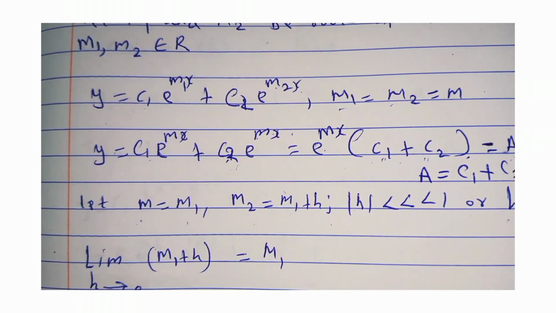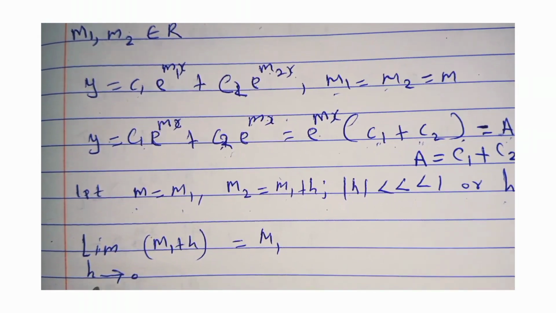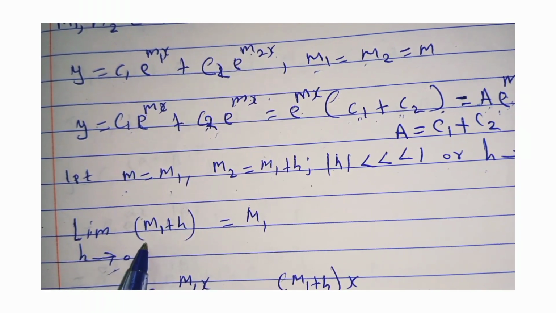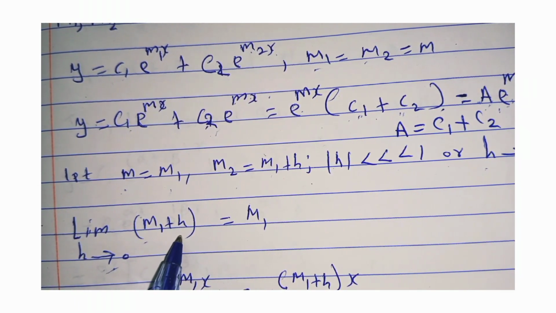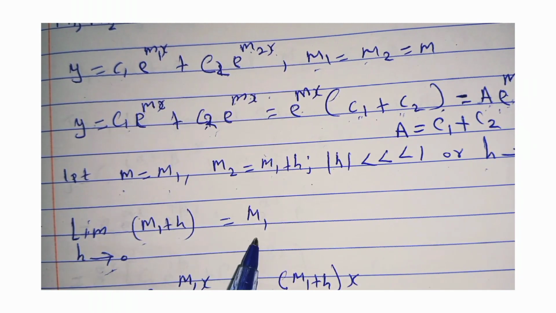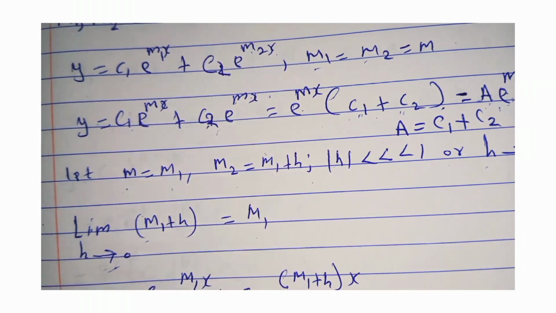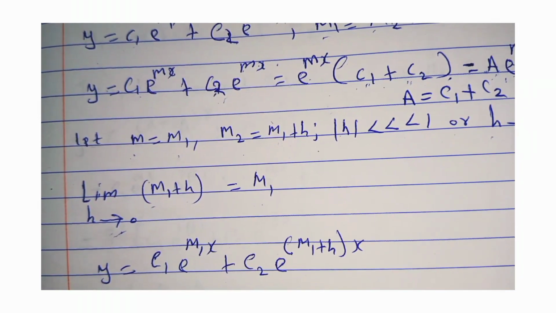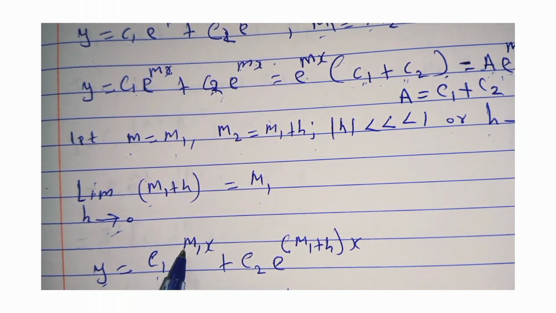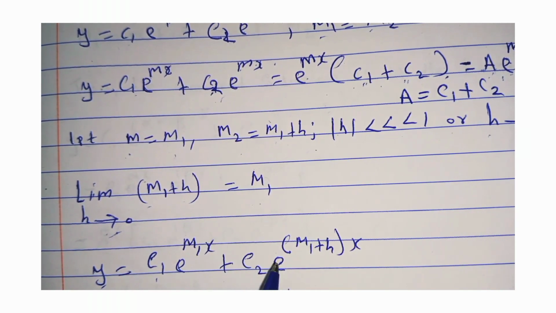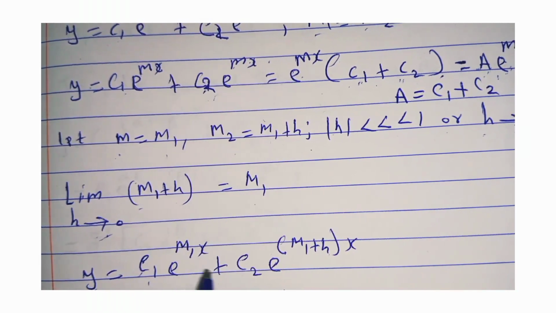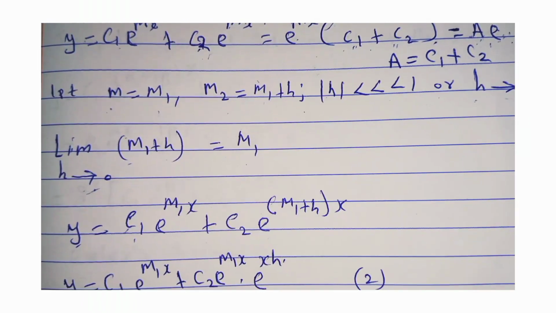So we are going to let the limit as h tends to 0, or as h becomes smaller and smaller, this value of h will become 0, and we are going to have m1. So we substitute now here, y is equal to c1 exponential m1x plus c2 exponential bracket m1 plus h, everything times x. Here c1 and c2 are arbitrary constants.